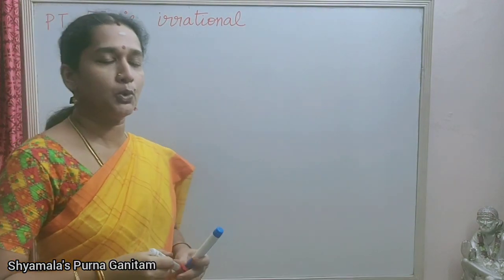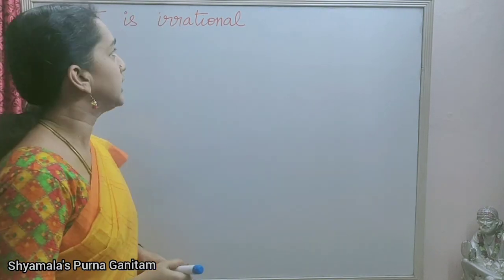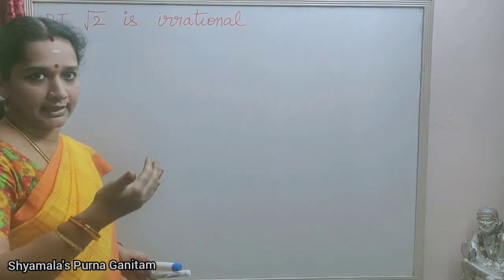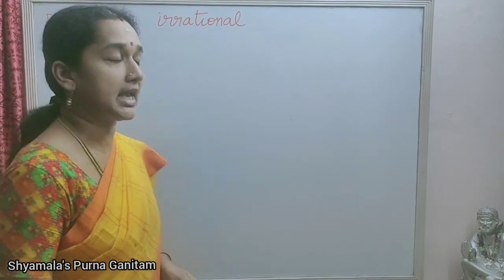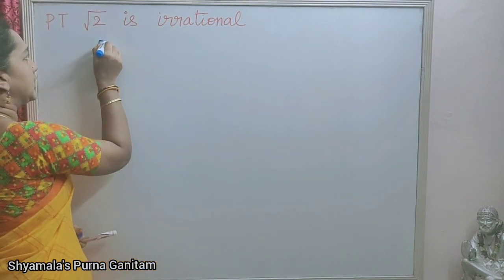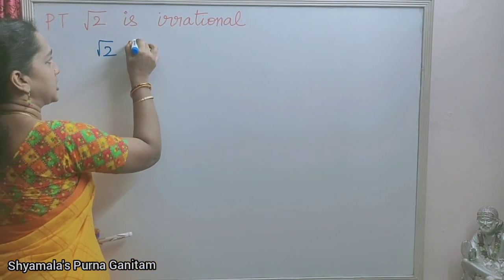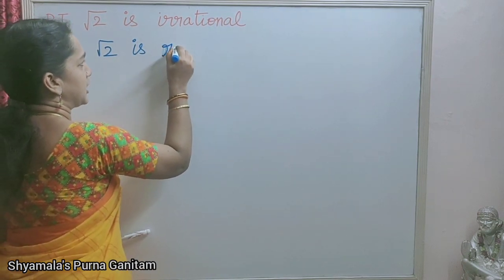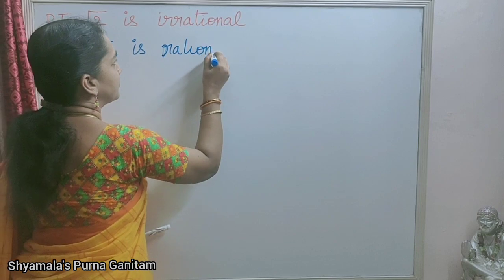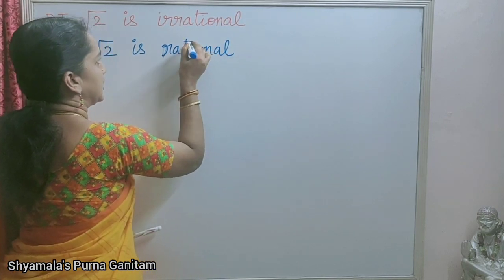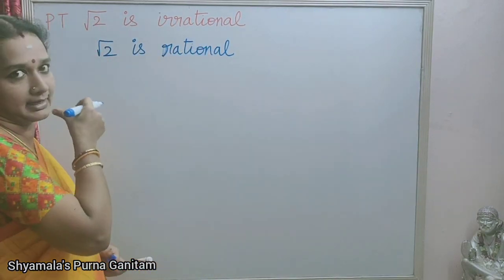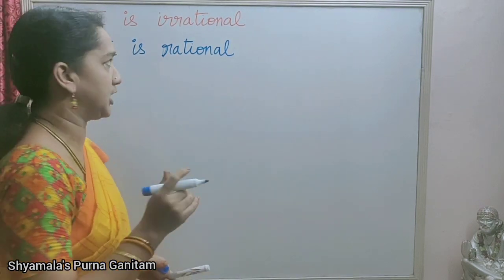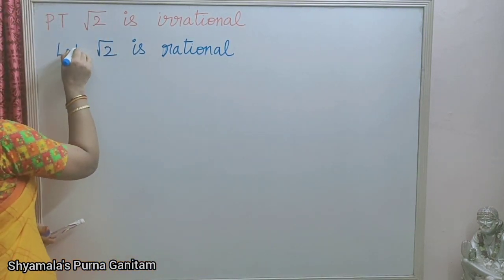For proving this, on the contrary we will take root 2 to be a rational number. Let root 2 be rational.